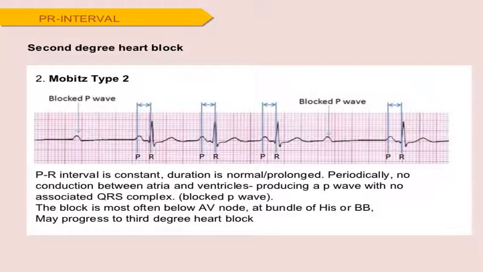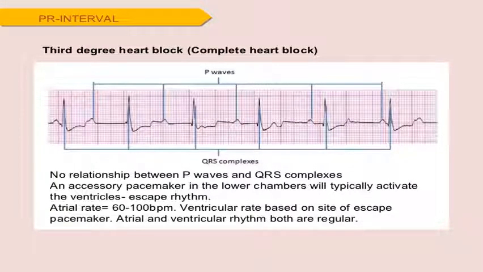Now, in third degree complete heart block, there is no relation between the P wave and the QRS complex. Impulses are not traveling from the atria to the ventricle. After some time, the ventricle will start beating at its own rhythm, which is known as the idioventricular rhythm.